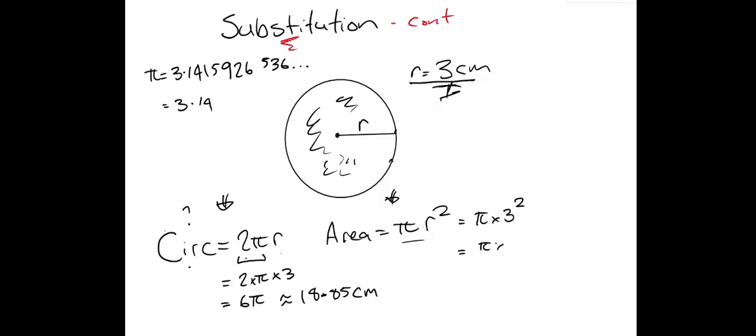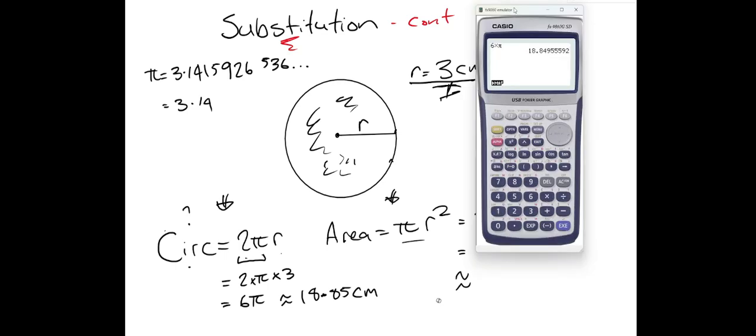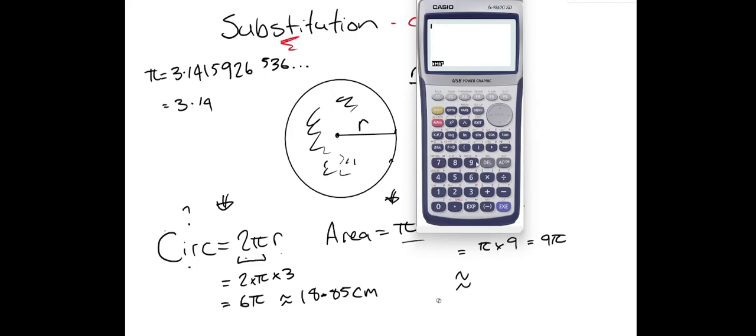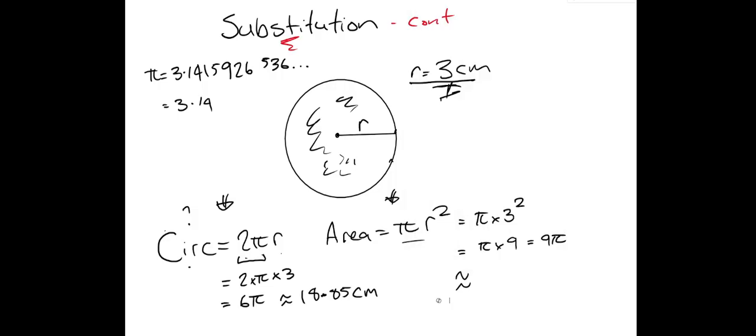So pi times 9, which is 9 pi, which is about, if we grab the calculator, 9 times pi, 28.274. What? Centimeters squared.